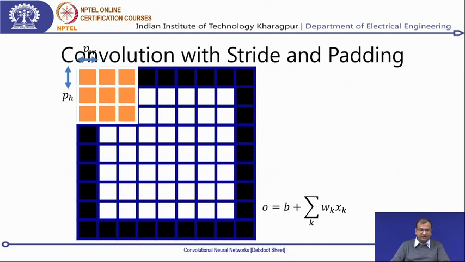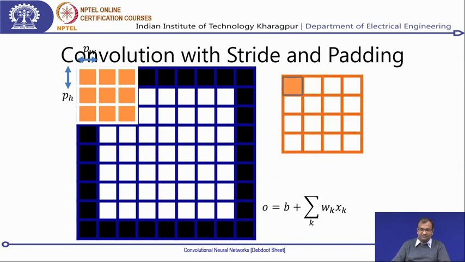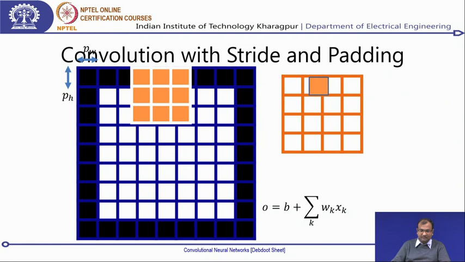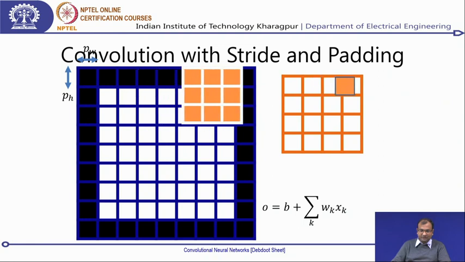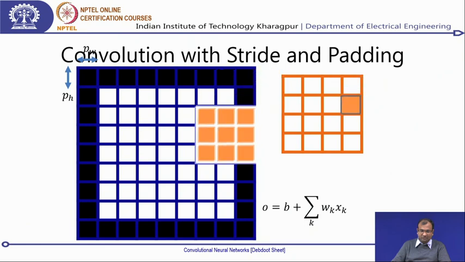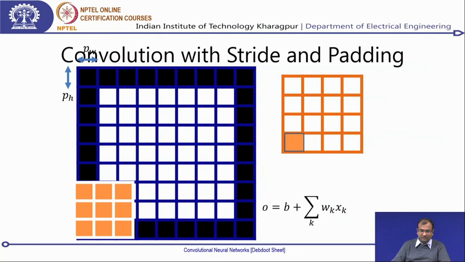So if I have a pad height of ph and a pad width of pw, and then we start convolving with a stride of s, it keeps on moving and merging, and this is how a resultant matrix is formed.